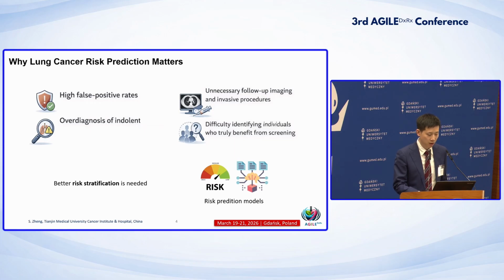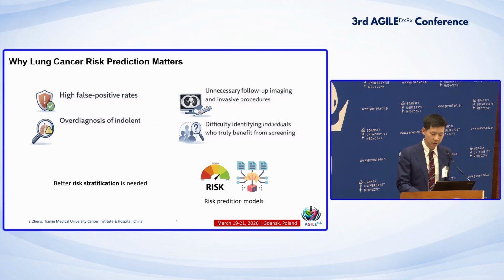But although these advances have been achieved, there are still challenges remaining, including high false positive rates, overdiagnosis of indolent lesions, unnecessary follow-up imaging, and invasive procedures, and also difficulty in identifying individuals who would truly benefit from screening.